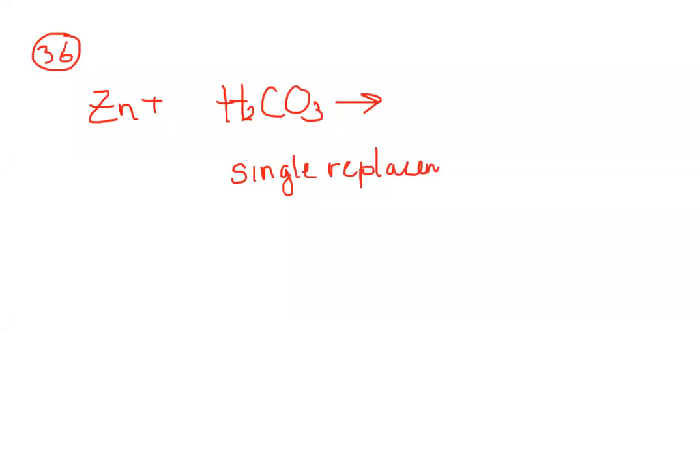Okay, and since zinc is a metal, that means it's going to change places with hydrogen, because remember that that was one of the exceptions. Metals change places with metals or hydrogen. So now we're going to have zinc and CO3.